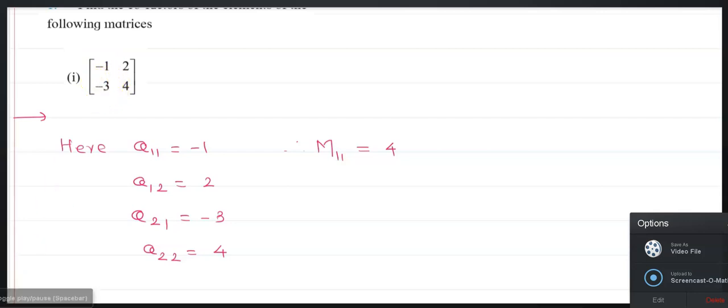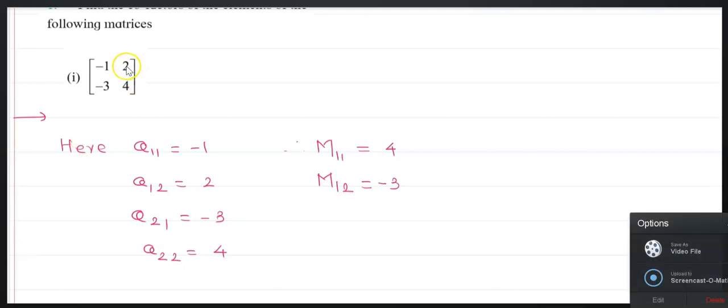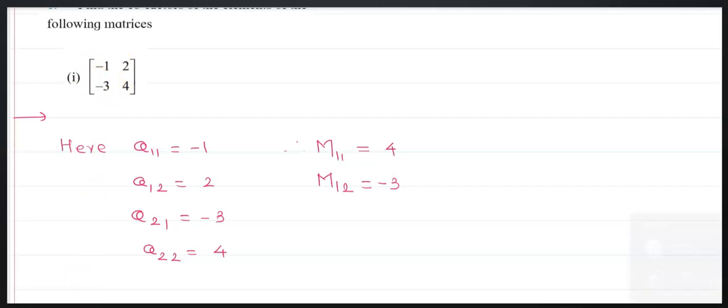See this here. M12 is -3. Again see this, this is A12. See the downward direction and horizontal direction. Which element is present there? -3 is present there. Now the next, A21.